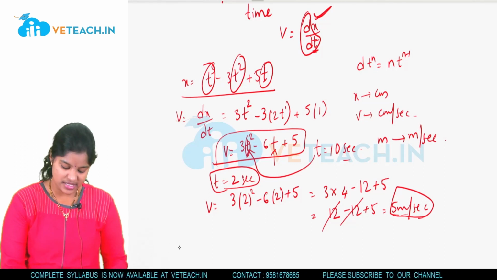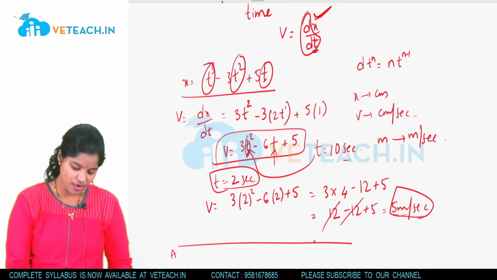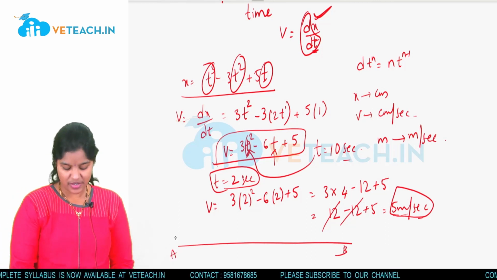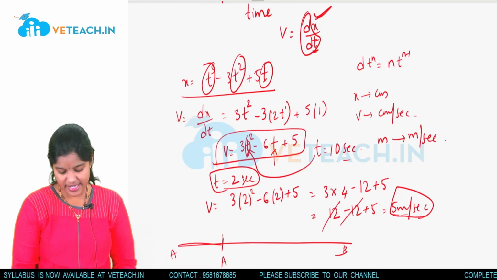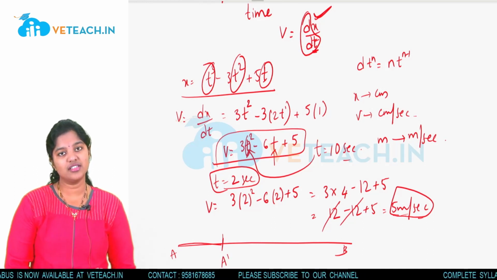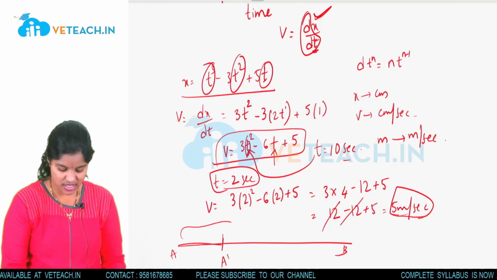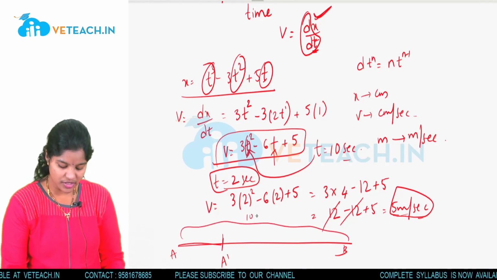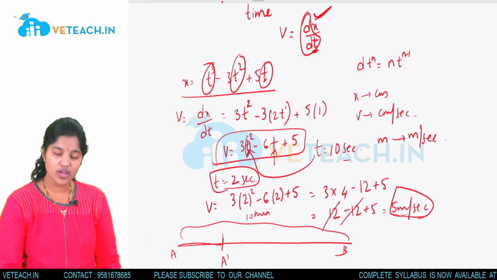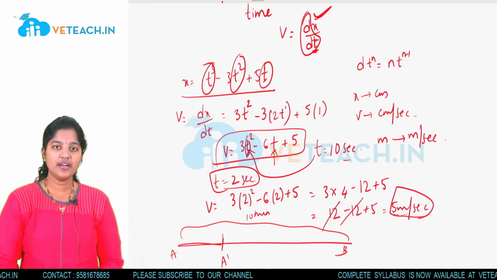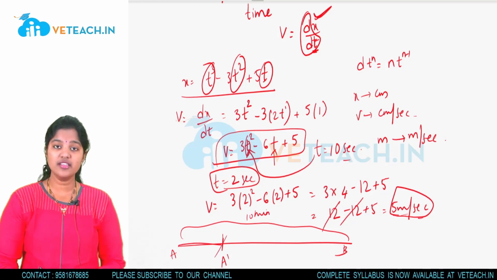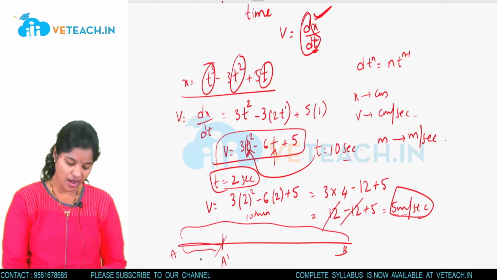Take the same example. From A to B he is traveling. From A to some point A dash he is walking very slowly. He thought the total distance could be covered within 10 minutes, so he started walking slowly. But after seeing the time, he realized only 5 minutes remained.